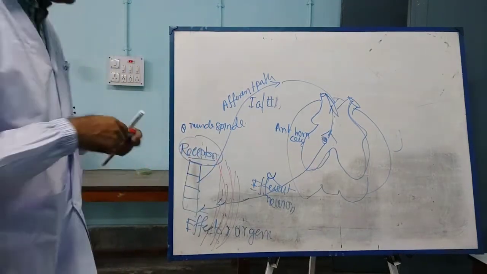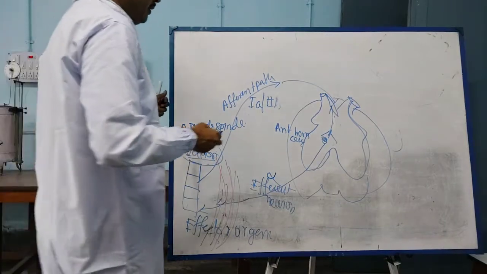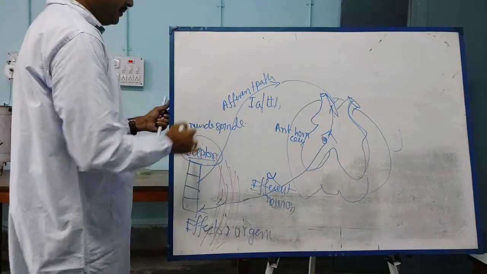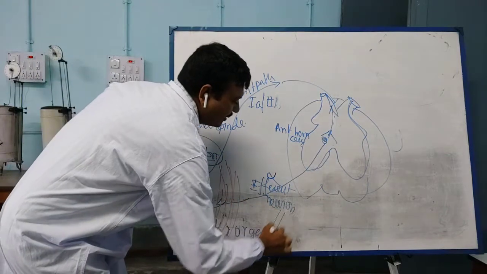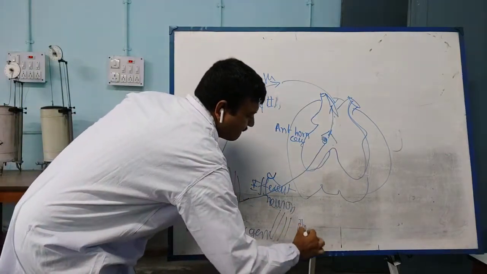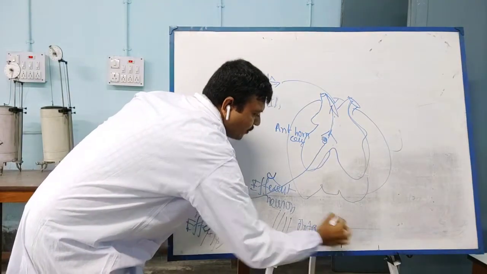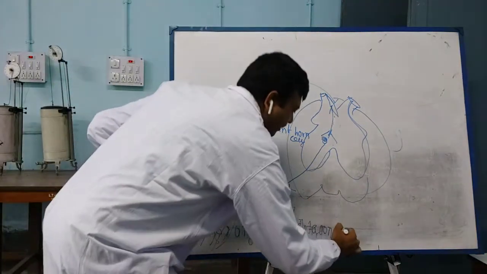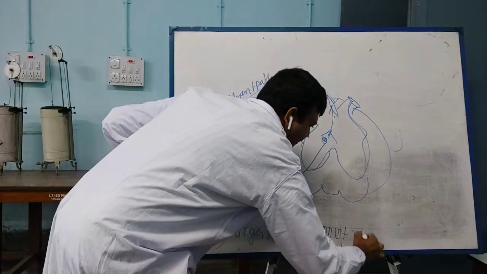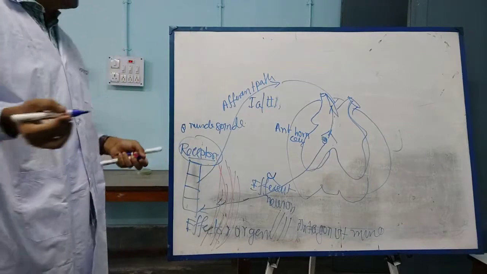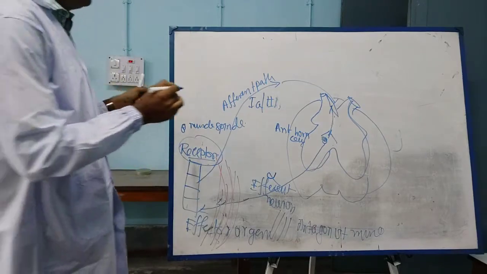At the same time, when the agonist contracts, the antagonist muscle relaxes. This is known as reciprocal innervation, which occurs at the same time.